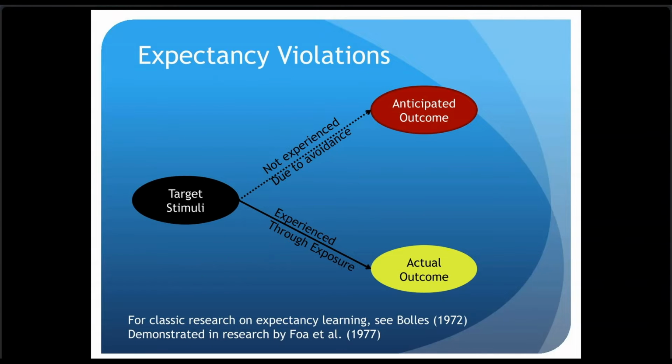So let's start with really what is my favorite one, expectancy violations. In expectancy violations, the idea is that you have some target stimulus that you are using to produce exposure, right? So in typical exposure-based treatment, you come up with the situation for which you're going to practice. The client has an anticipated outcome.